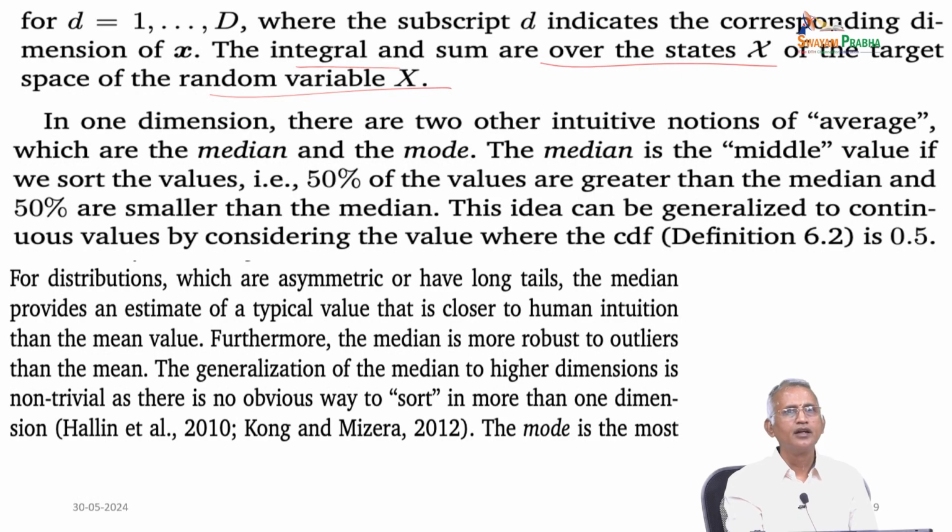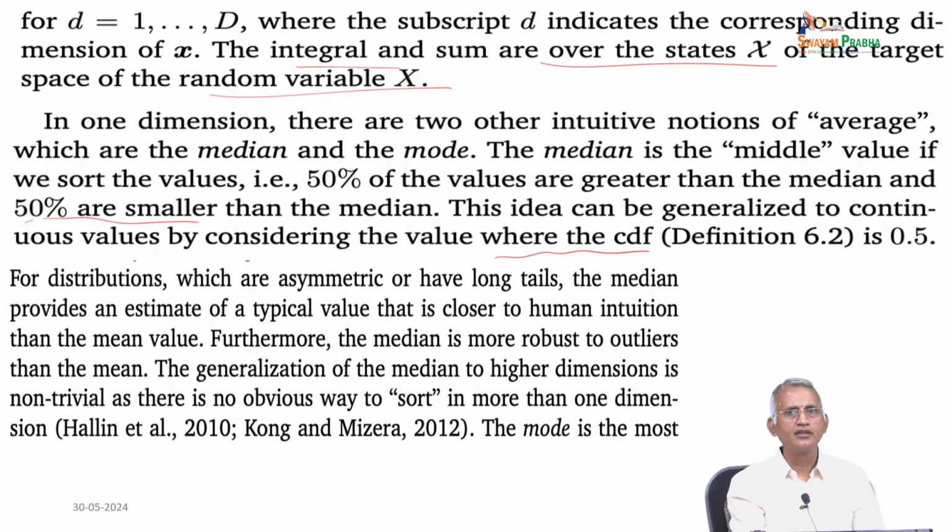So, in one dimension there are two other intuitive notions of average besides the mean, the median and the mode. The median is the middle value if we sort the values, that is, 50% of the values are greater than the median and 50% are smaller than the median. This idea can be generalized to continuous values by considering the value where the CDF, the cumulative distribution function, is 0.5.